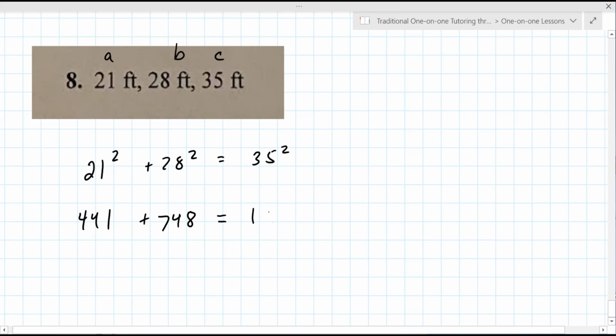Wait, yeah, 1,225. Okay. This one actually does work. I agree with that. And 28 squared is 784, not 748. That's just a little change there.